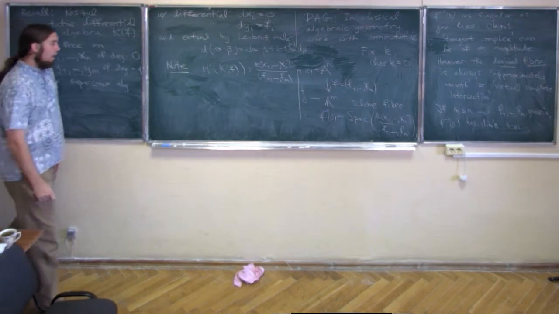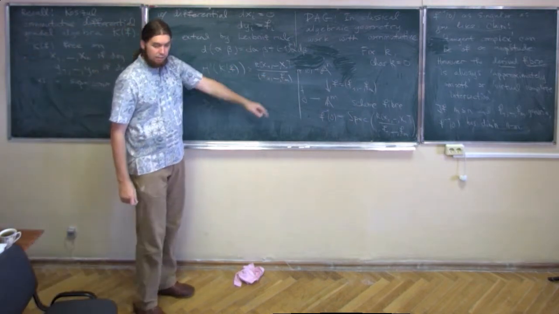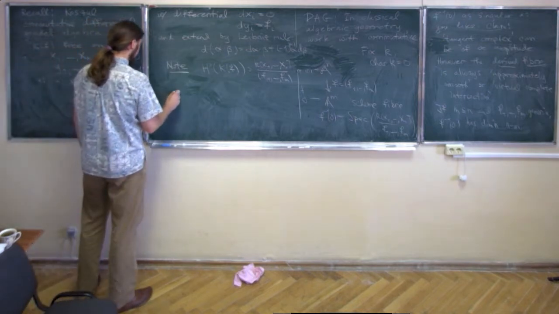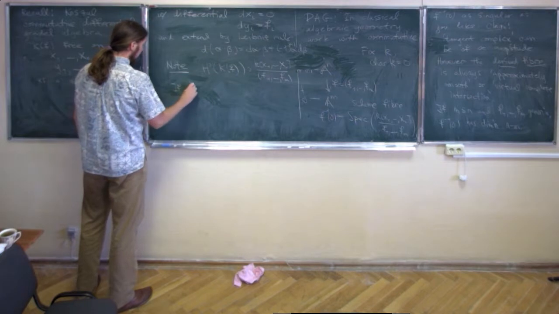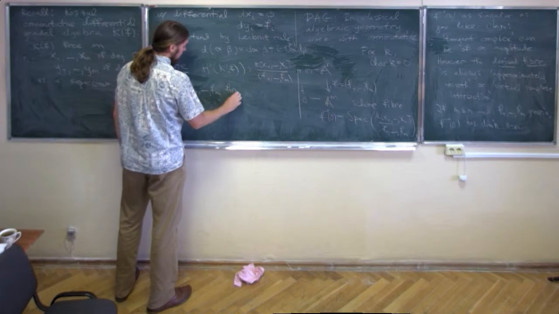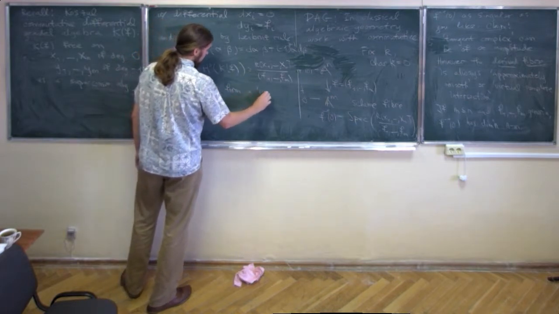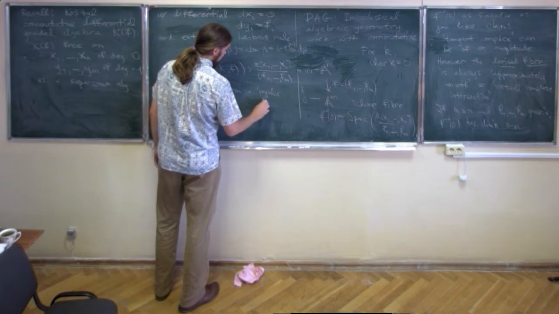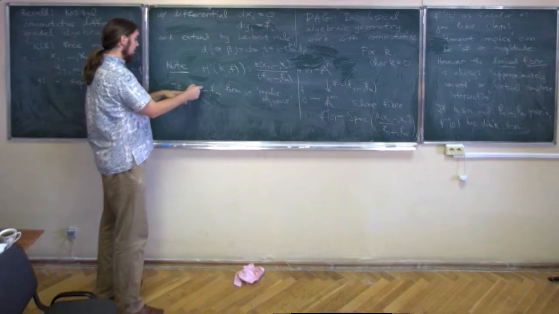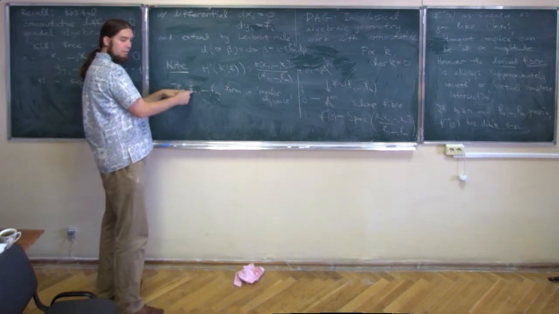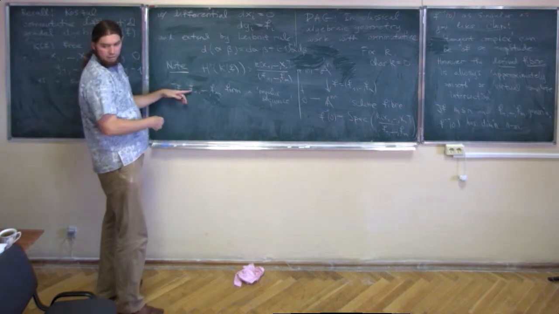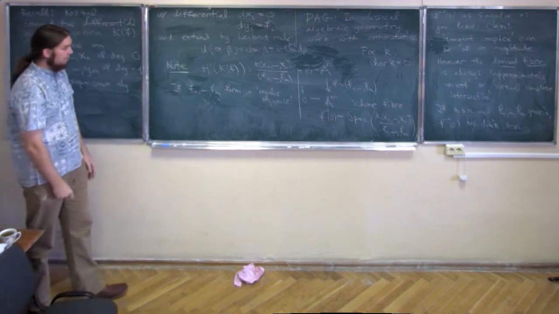And if the f1 through fm are generic, so this is a theorem in a commutative algebra book, if f1 through fm form a so-called regular sequence, which basically means that the hypersurface defined by f2 intersects the one defined by f1 transversely, the one by f3 intersects the intersection of f1 and f2 transversely, and so on, so that in the end you get something of the expected dimension.